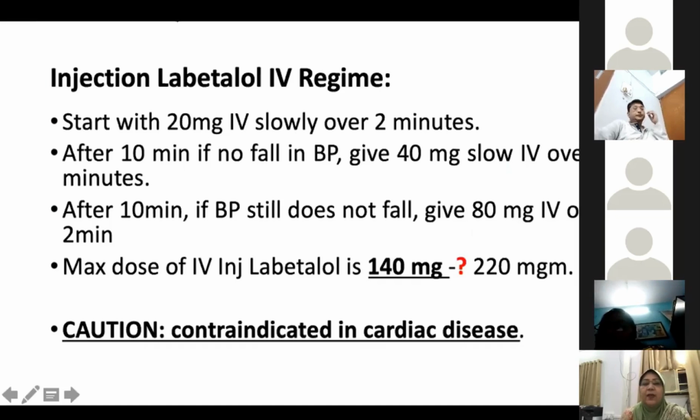It is given over 2 minutes, not a sudden bolus. You repeat the next dose after every 10 minutes. And you are doubling the dose. Starting with 20, 10 minutes, again 40, 10 minutes, again 80, up to a maximum of 140, which is recommended for you. Though at a medical college, we can increase the doses.